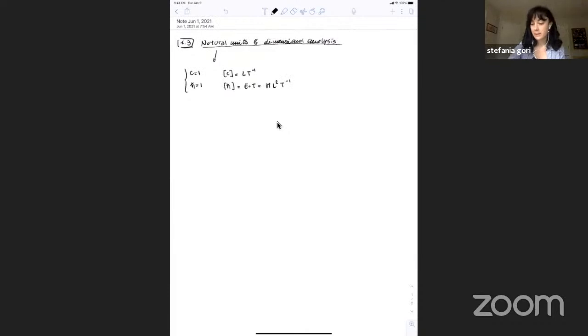So from here we see that we have a relation between length, time, and mass, and we can express everything in terms of a power of energy. Basically, the mass is nothing else than length to the minus 1, and also t to the minus 1, and this is also equal to energy.